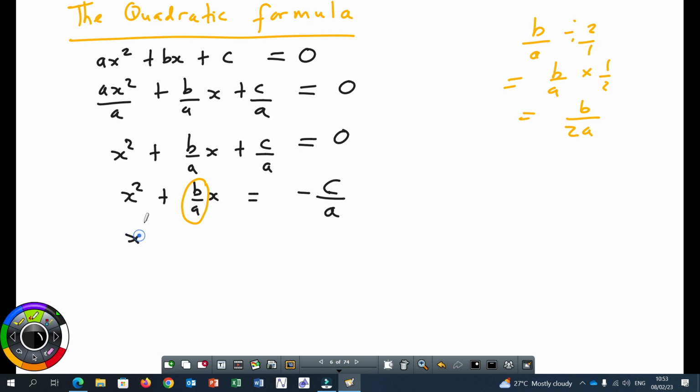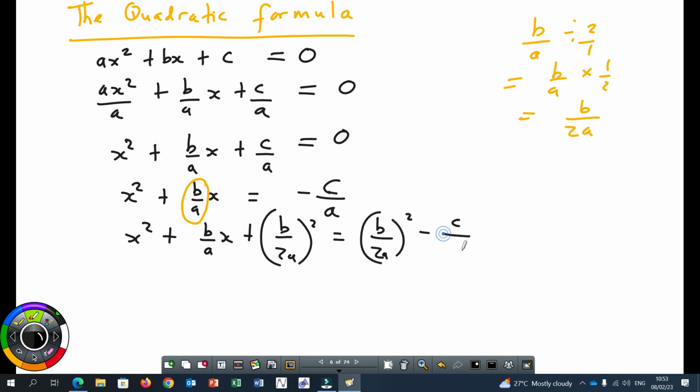Okay? So this becomes x squared plus b over a times x plus b over 2a all squared is equal to, now generally we have to start with the square of this. So that will be b over 2a squared minus c over a. Okay?